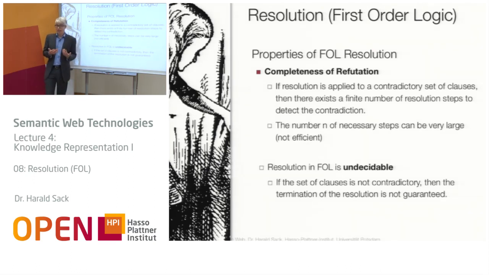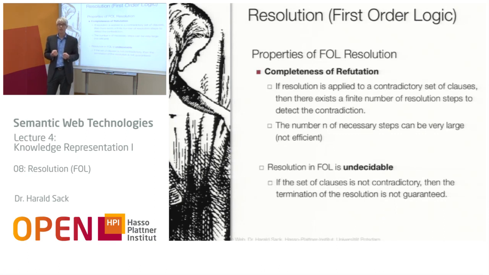On the other side, resolution for first-order logic is undecidable. And this means if you have a set of clauses and there is no contradiction in it, then it's not guaranteed that this method will ever end. So you will, until infinity, combine clauses with other clauses and will never find in a resolution step the empty clause.